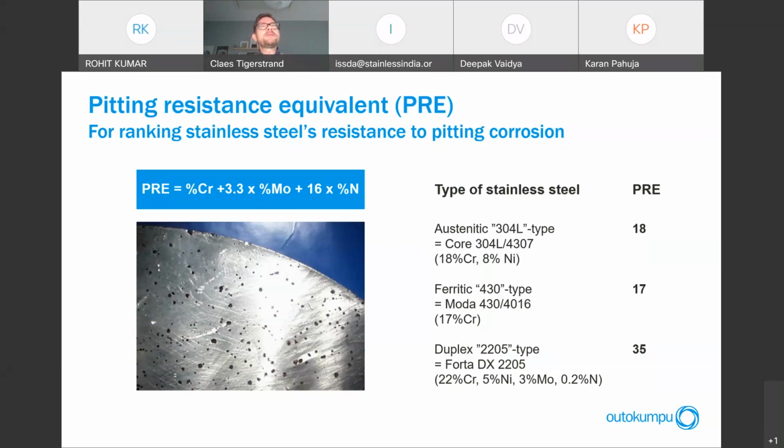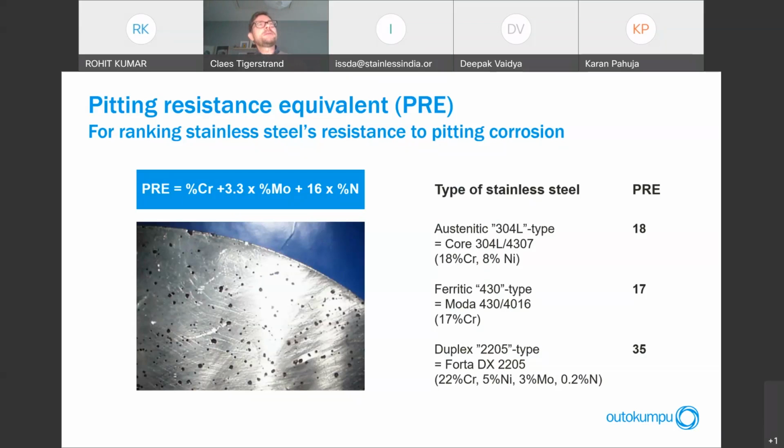So the 18% chromium gives you a PRE of 18. If we're then looking at the ferritic 430 type grade, where you have 17% chromium, the PRE will be 17. If we're then finally looking at the duplex grade 2205 type, and as the name implies, it has about 22% chromium. The 5 is 5% nickel, but also 3% molybdenum and 0.2% nitrogen.